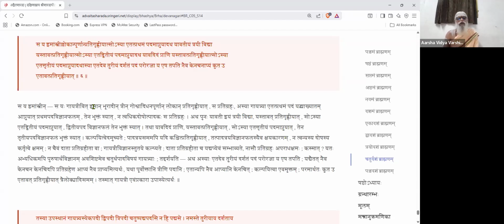Therefore, why is all this being said? Because you have to do Gayatri Upasana. "Tasmad Gayatri evam prakara upasya iti arthaha." So the meaning is what? All this praise is being done only to goad you, to make you do the Gayatri Upasana. So that's why the Gayatri mantra japa is very, very important for us.